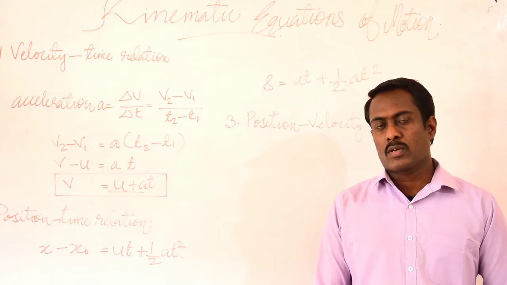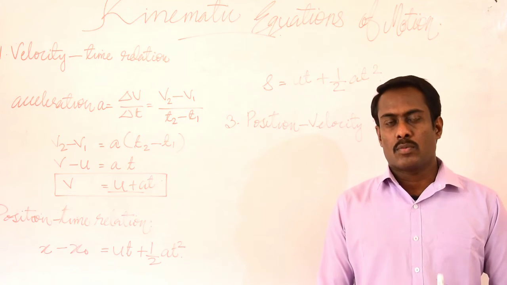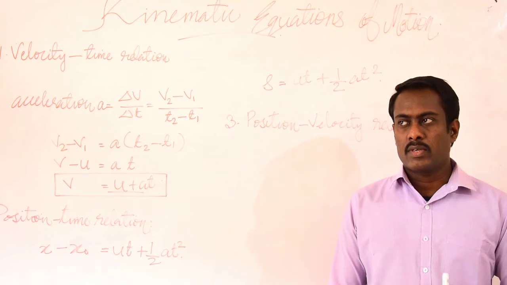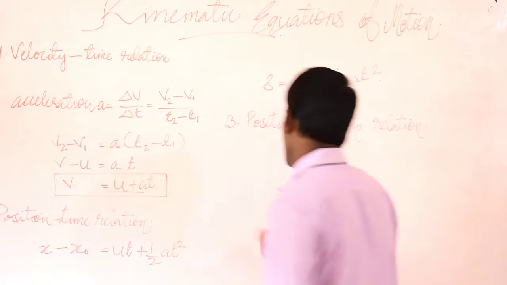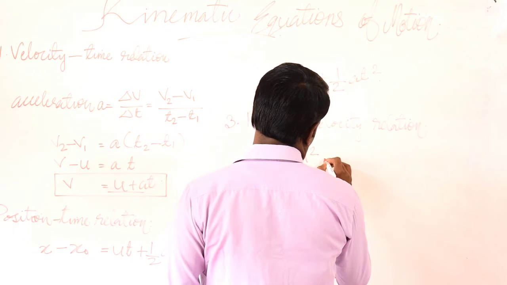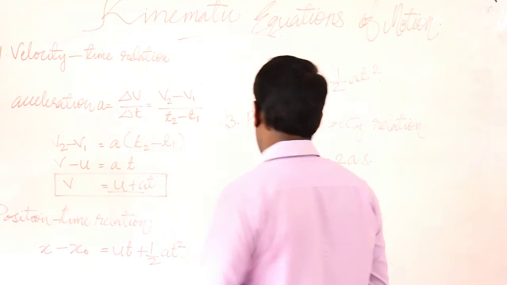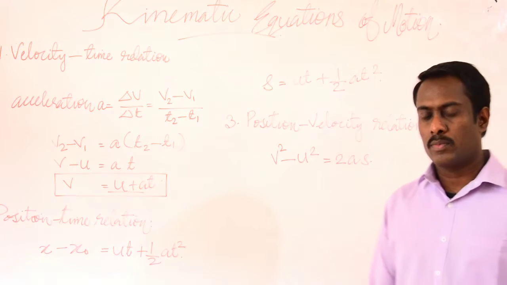Then as per the position velocity relation, the final velocity v of the object when it has covered a displacement s is given by v square minus u square is equal to 2as. That is the third equation of motion.